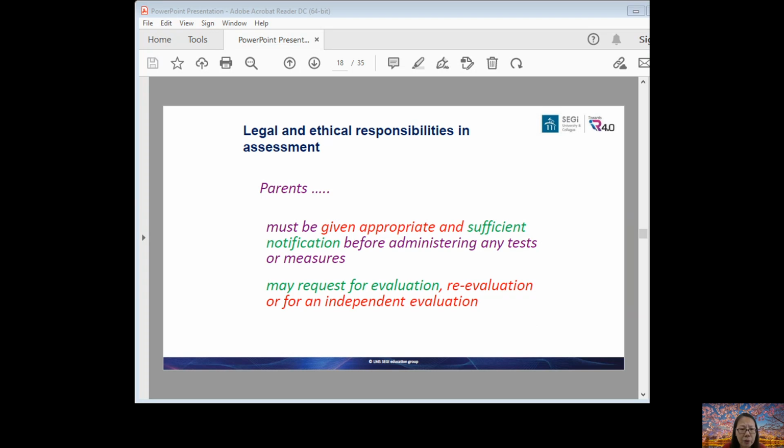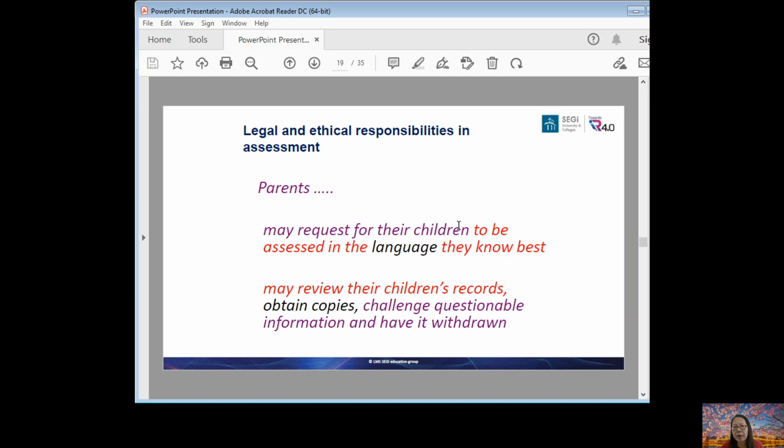Also, always use the language that the child understands. Don't use language that they cannot understand, because it's not going to get an accurate diagnosis or accurate assessment. Parents can also obtain copies of the evaluation, or withdraw or review the records.